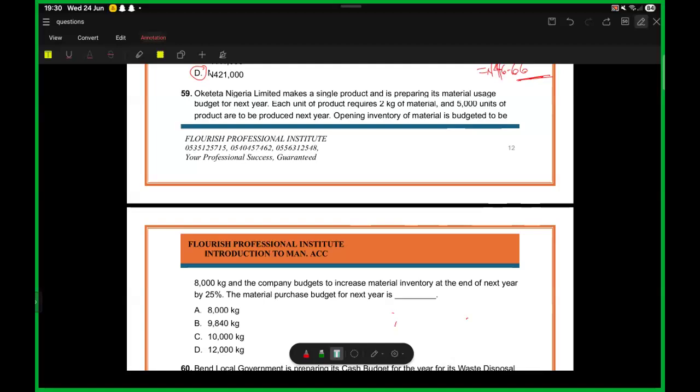Opening inventory of material is budgeted to be 8,000 kilograms, and the company budgets to increase material inventory at the end of the next year by 25%. The material purchase budget for next year is?